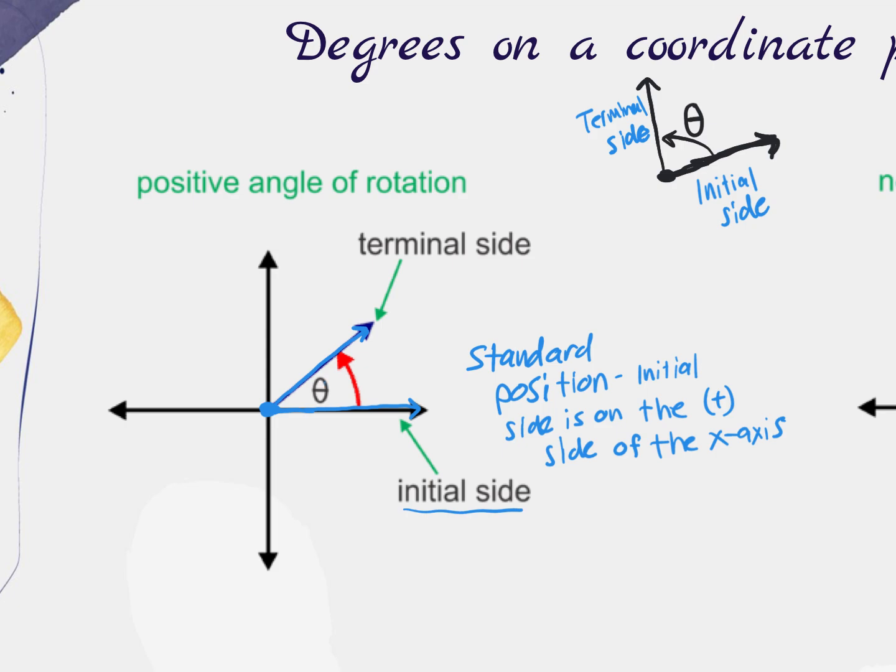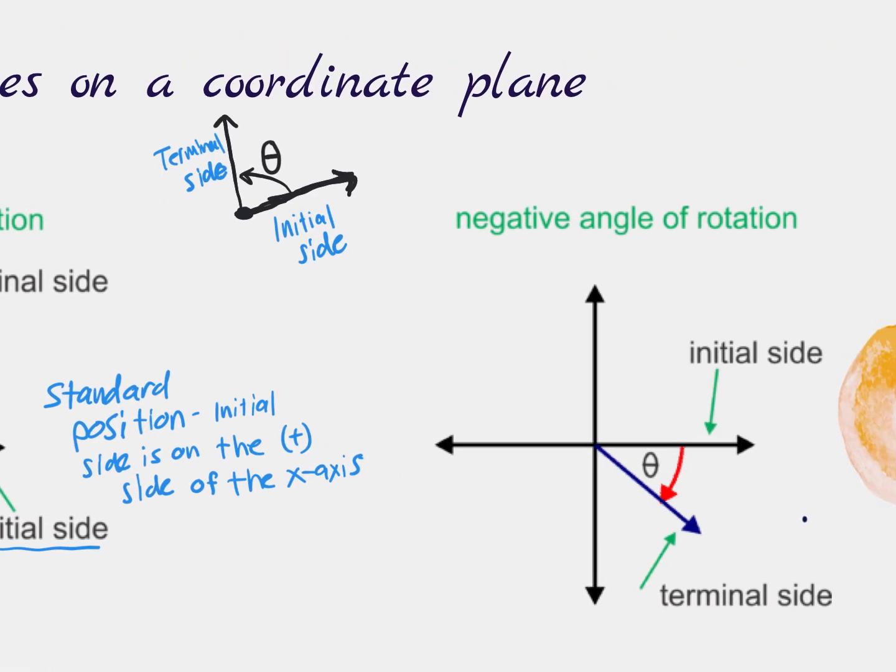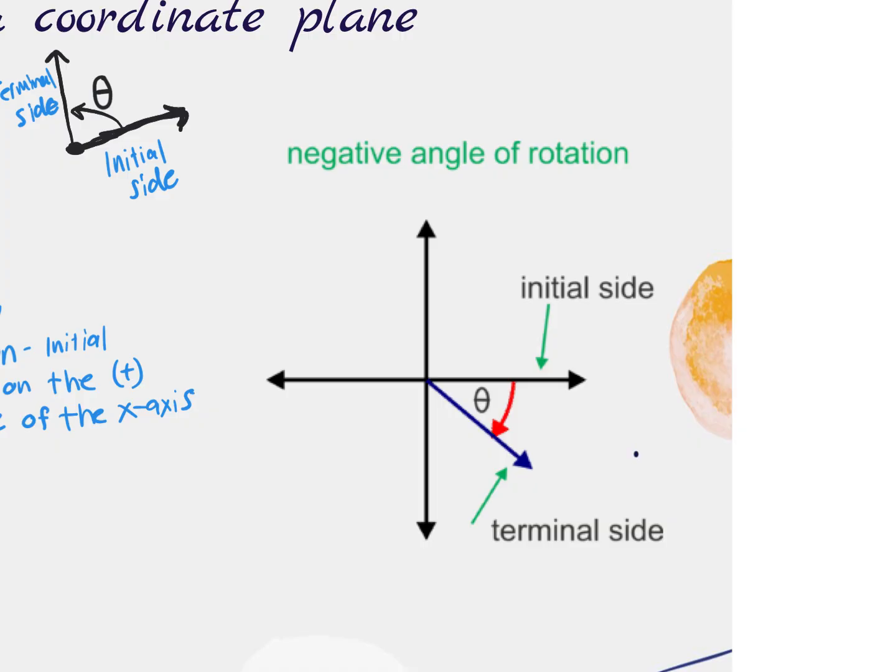So I have this little angle theta right here, represented by this little space. This is what we call a positive angle of rotation. Notice a positive angle of rotation goes counterclockwise. If I move over here, we have a similar image: another angle in standard position with the initial side on the x-axis, but this time the arrow is pointing this way, so it's going clockwise.